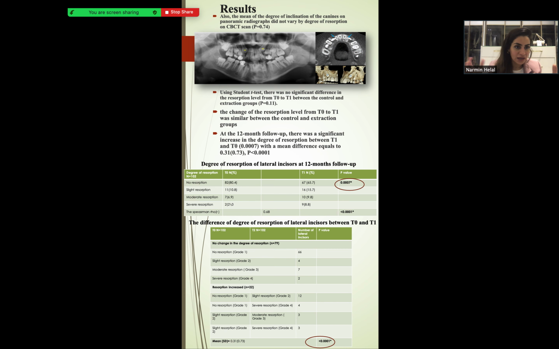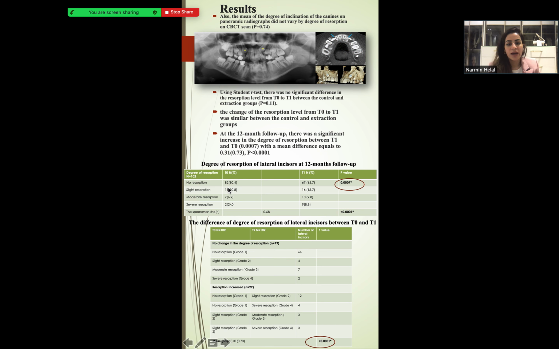However, what was significant, and this was one of our important findings, is that at the 12-month follow-up, we found a significant increase in the degree of resorption between T1 and T0. That's explained by the table that you see over here.